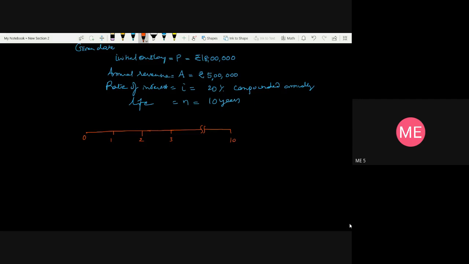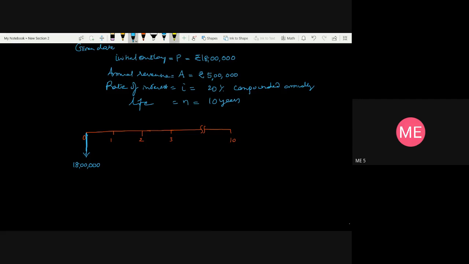The initial outlay is the expenditure, so it will be shown as P, which is equal to rupees 18 lakhs. Why am I taking this as P? In the sense it is an initial amount, that is at time 0. At time 0 we take the initial expenditure as P.